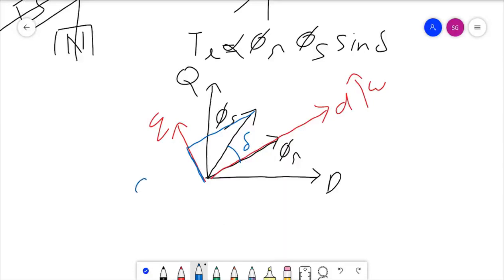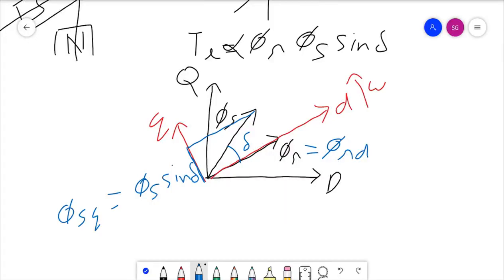Let us also call this phi s q, the component of stator flux on this rotating quadrature axis. And this phi r could be said to be phi r d. See, the reference frame is fixed to the rotor, so our d-axis flux will be phi r itself.